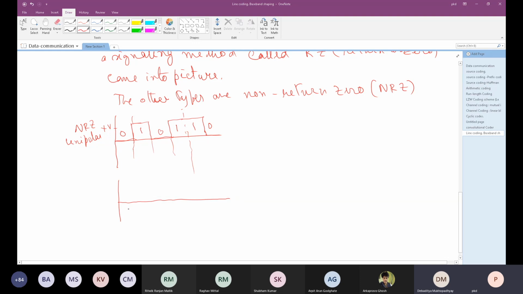So therefore, this was modified into polar NRZ. So polar NRZ is basically where the voltage is switched between plus B and minus B.